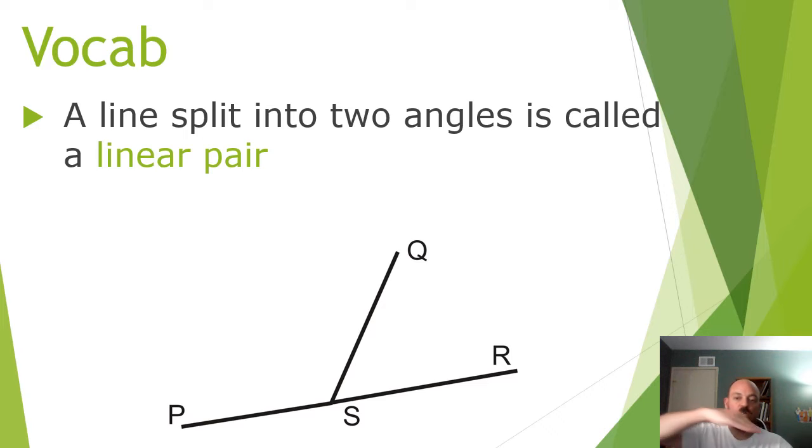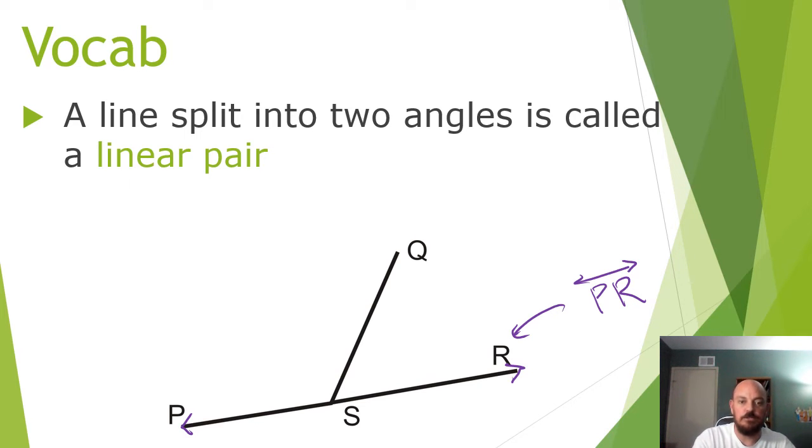So that line across the bottom there, PSR, PS or PR, remember any two points for a line. So maybe we'll practice our notation here. Maybe we call this bottom line, I'll call it line PR. Even though it doesn't have the arrows on it, the picture I found online, we'll pretend like it had those arrows on the end.